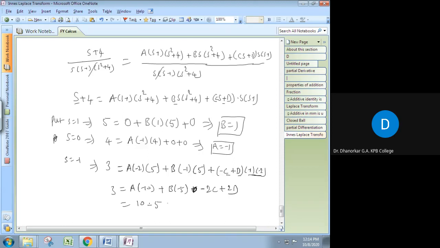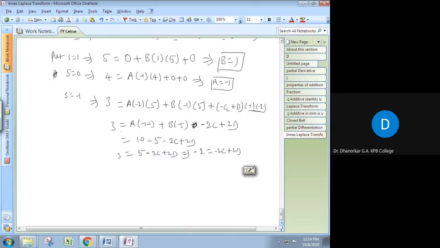Therefore this is 5 minus 2c plus 2d, which is 3. I will take this 5 to this side, we get minus 2 equal to minus 2c plus 2d. From this we get one equation. We'll take 2 common: minus 1 equal to minus c plus d. This is our one equation by putting s equal to minus 1.